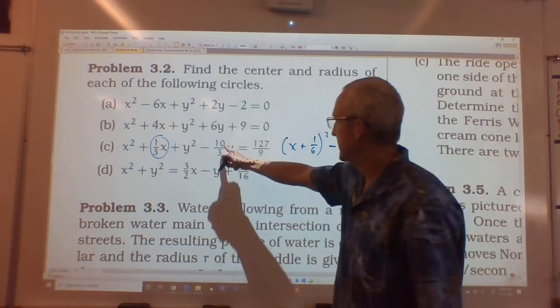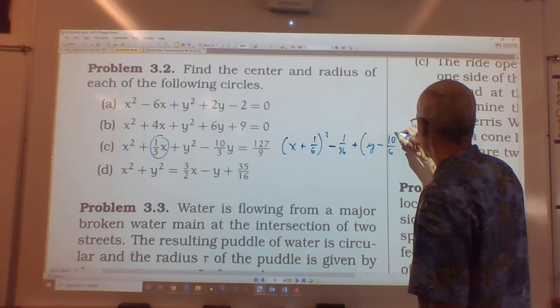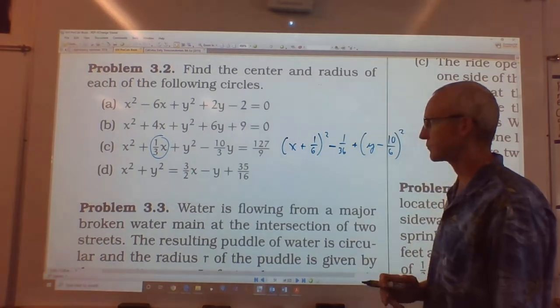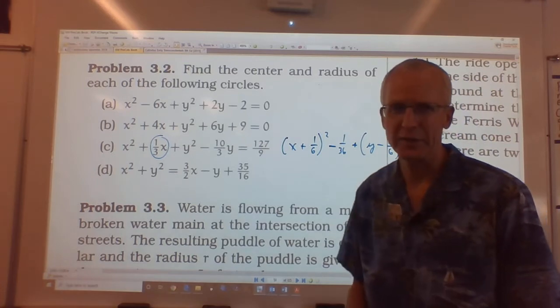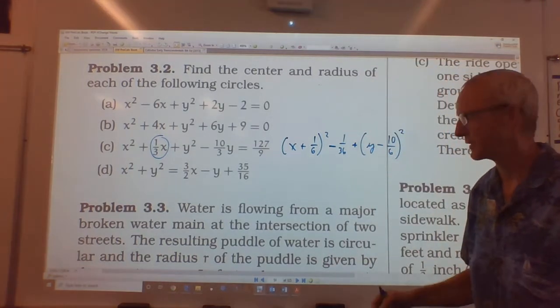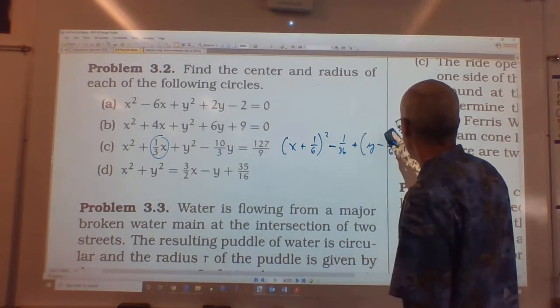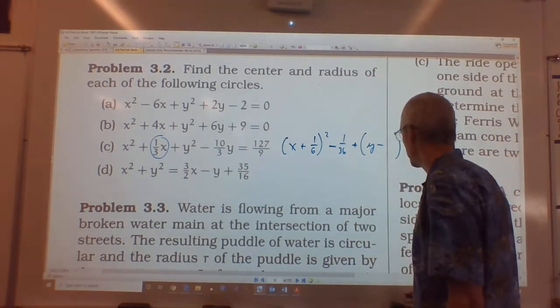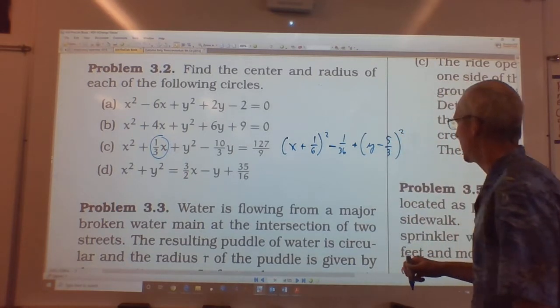So that would just be 10/6, minus 10/6, and we square it. We can, of course, simplify that as 5/3. So 10/6 is the same as 5/3. I'm just going to save myself some trouble here and rewrite it as 5/3.